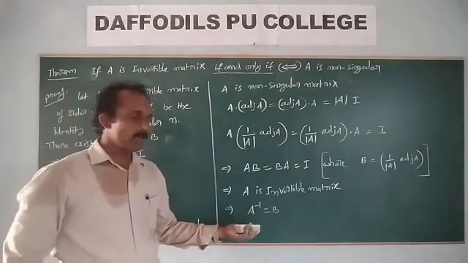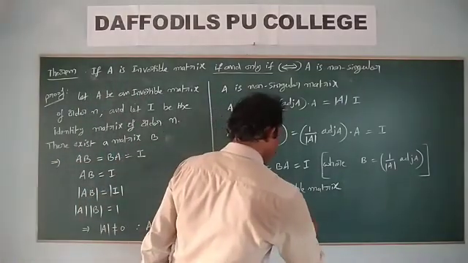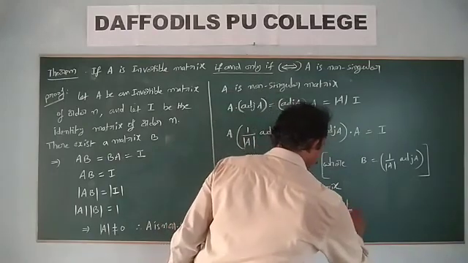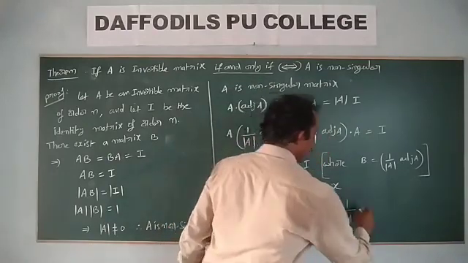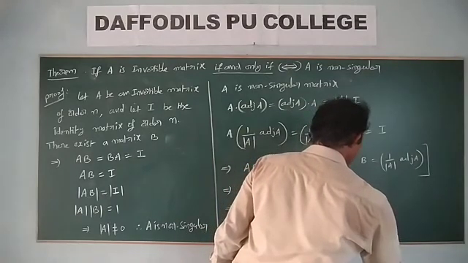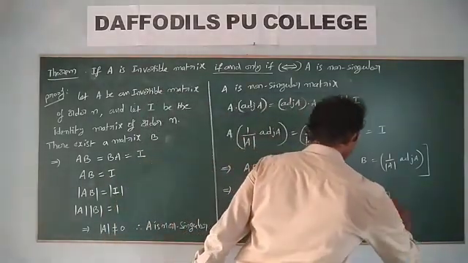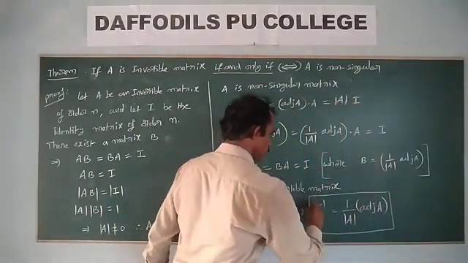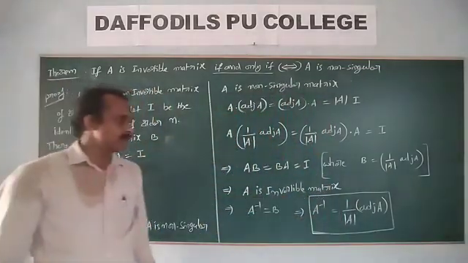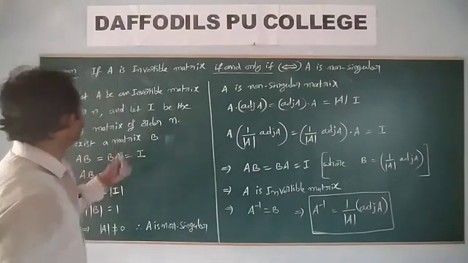What is B? B means 1 by det A of adjoint A. So finally, this is the answer. This is also an important formula. Use this formula for doing problems in the next exercise.